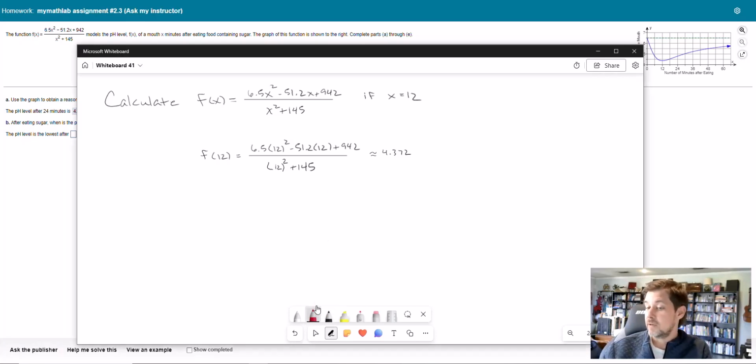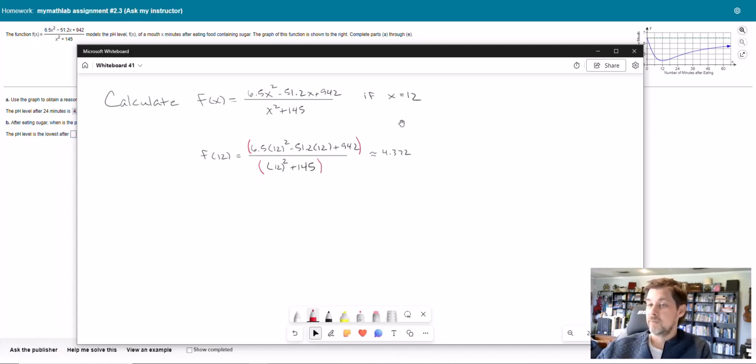Calculators are sometimes very sensitive about the order of operations. You may need to put parentheses around all the stuff on the top, then press divide, then put parentheses around the stuff in the bottom, like I have in red, just to make sure your calculator does what you want it to do.